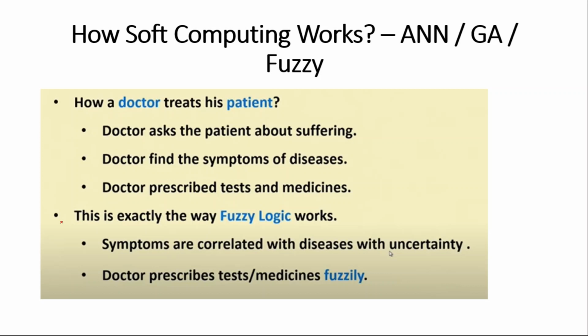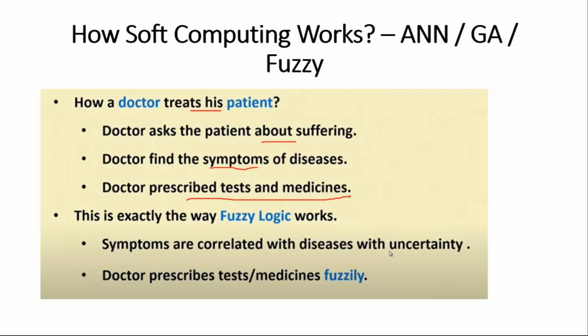And here is an example for fuzzy logic. See how a doctor will treat his patient. The doctor will ask the patient what his problem is, and the patient will explain. Based on the input given by the patient and the symptoms, the doctor will predict that this is the disease, and based on that, the doctor will prescribe tests and medicine.